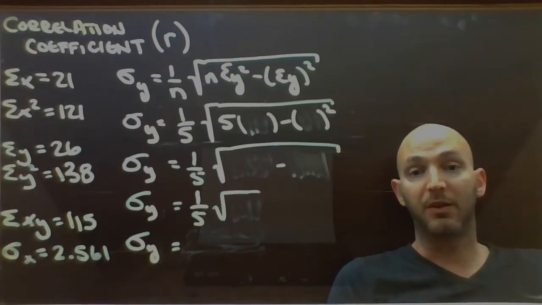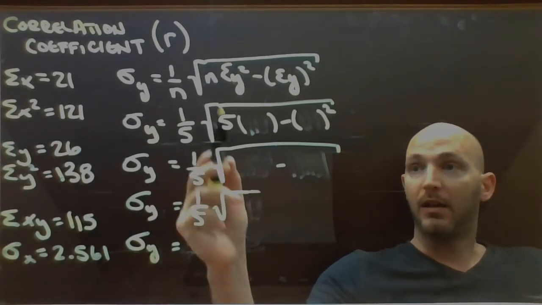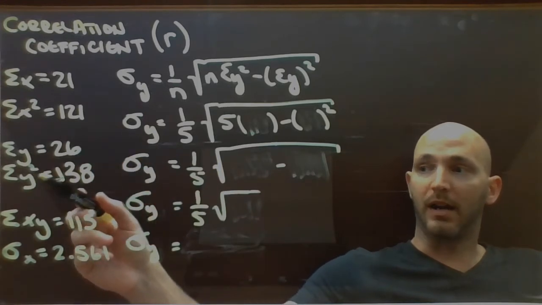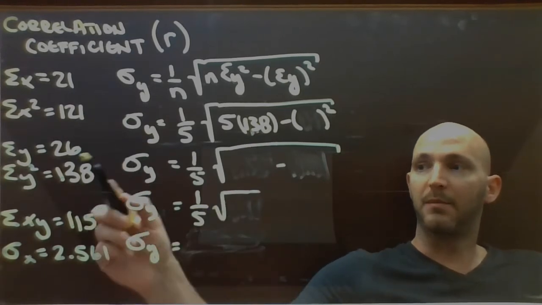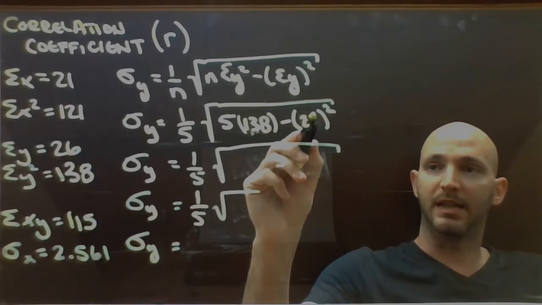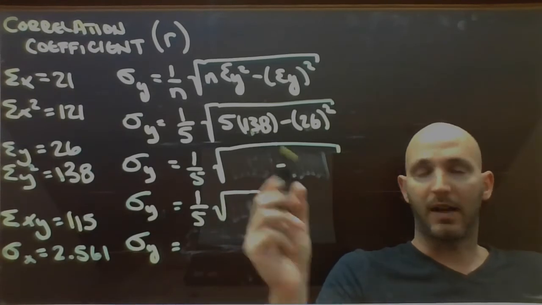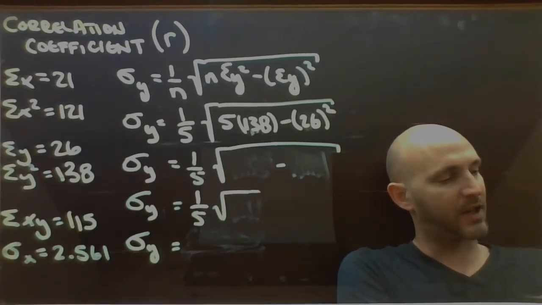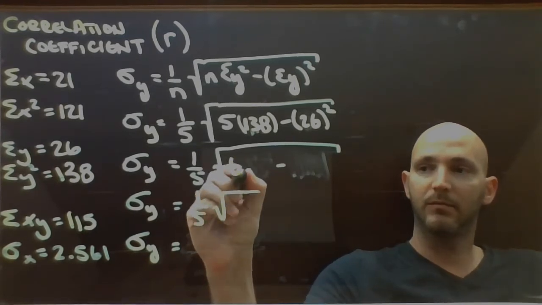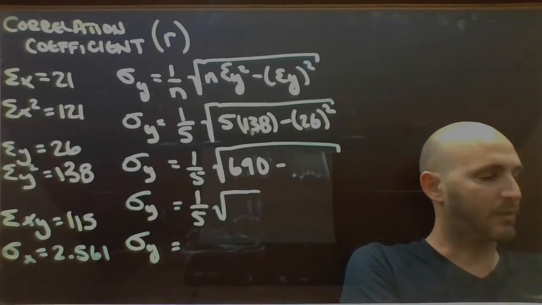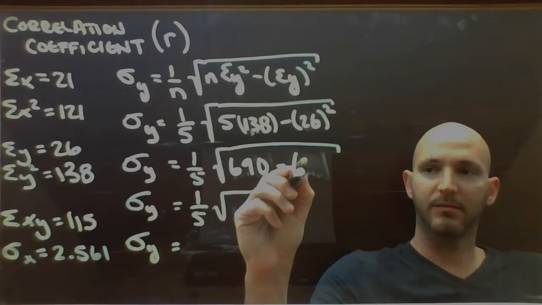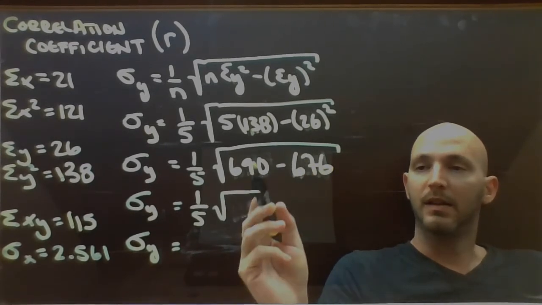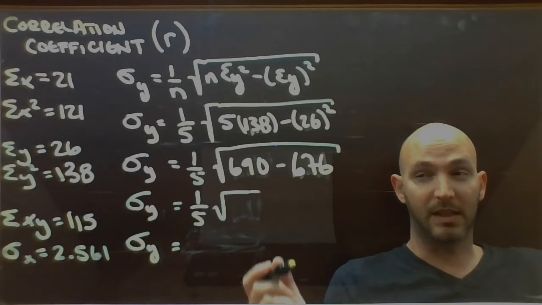Alright, so to continue with standard deviation of y, the sum of my y's squared would be 138. My sum of y's before they're squared is 26. 5 times 138, let's just check with the machine, is 690. 26 squared, 676. 690 minus 676 is 14.